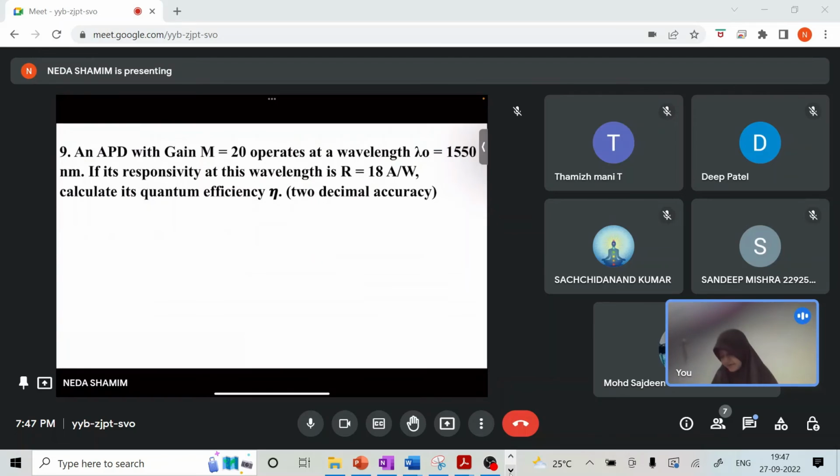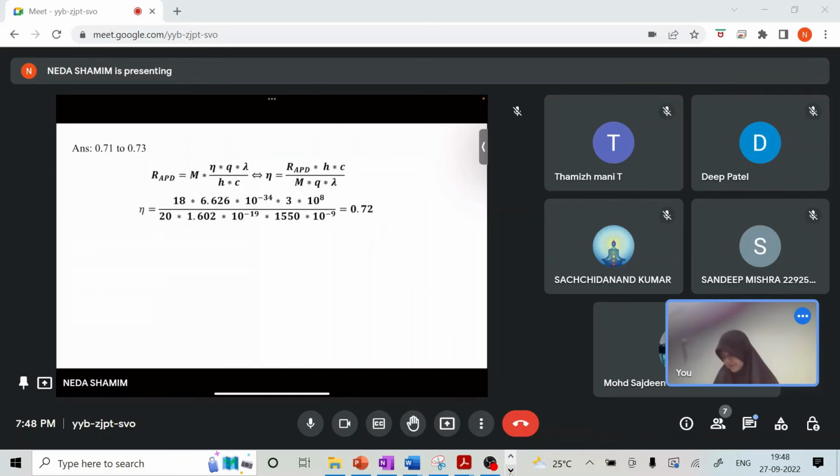Again, we have an avalanche photodiode. The gain M is 20. It is operating at such a wavelength, and I know the responsivity. So you need to calculate the quantum efficiency. Can you do this? We have done a similar type of question previously. Let's see how this is done.